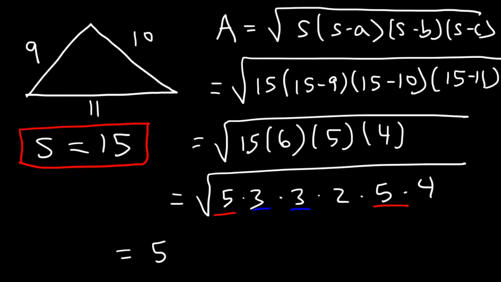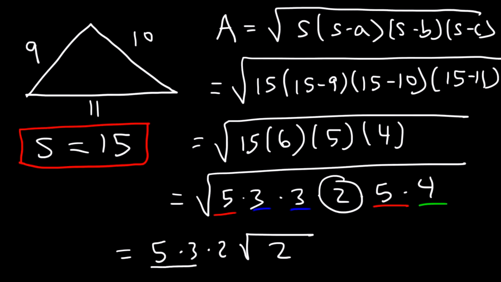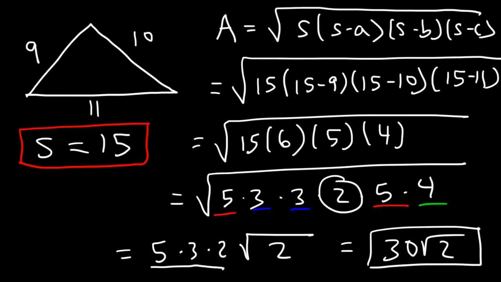These two 3s can come out as a single 3. And the square root of 4 is 2, so that comes out as a 2. We're left with a 2 inside. 5 times 3 is 15, and 15 times 2 is 30. So the final answer is 30 square root 2. That's the area of the triangle using Heron's formula.